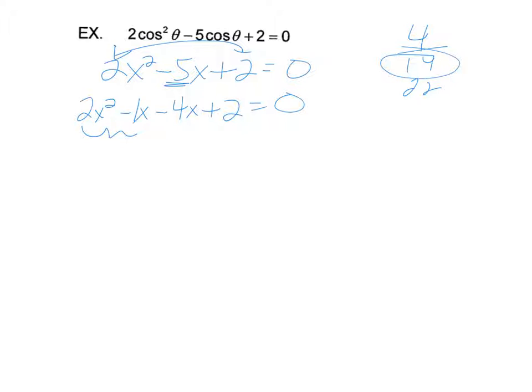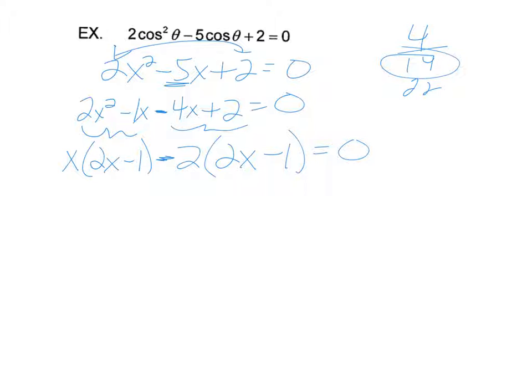And then I group. Out of the first 2, I can take an x, leaving me with 2x minus 1. And then there's a minus. Out of the second 2, I can take out a 2, so dividing out a negative 2 leaves me with 2x minus 1. So then factored will be 2x minus 1, and then the outside values x minus 2.